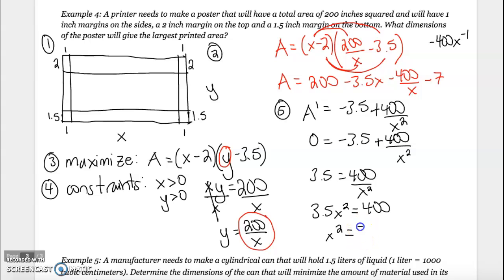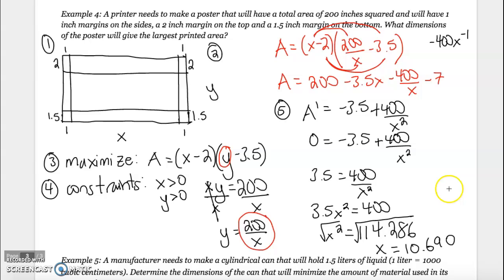It looks like we get 114.286. Square root both sides. And we end up with x equals 10.690. Okay, so it's all right that it's not a nice number. This is a more realistic mathematical situation, so your numbers don't have to be nice necessarily.